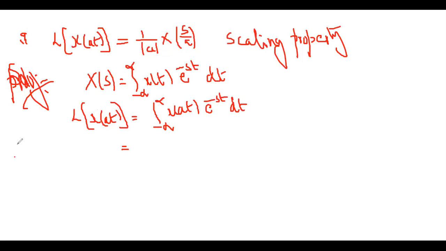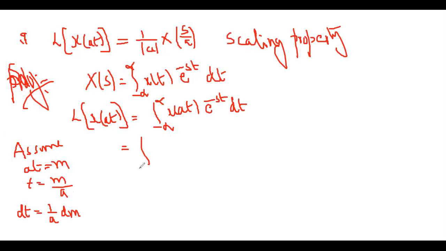Now assume at is equal to m, so t is equal to m by a, and apply the derivative on both sides, so dt is equal to 1 by a into dm.